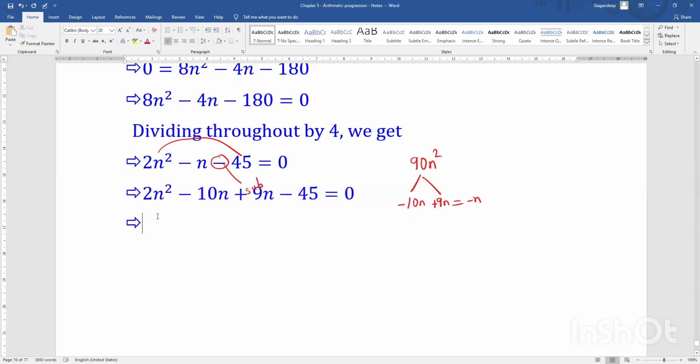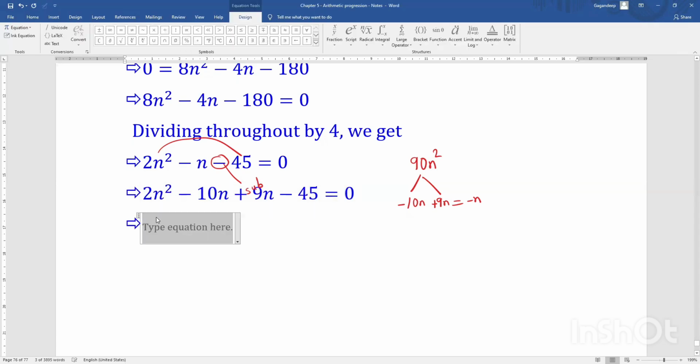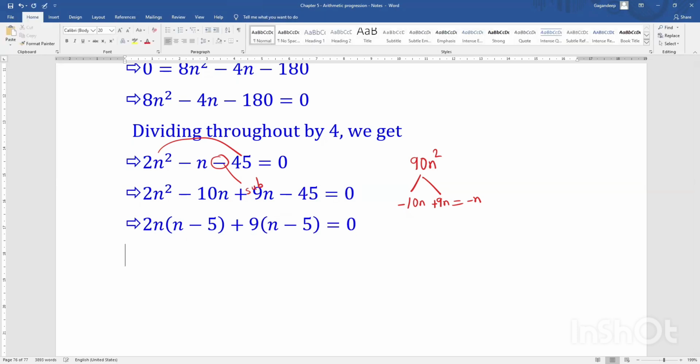In the first two terms, we have 2n as a common factor. So let me write 2n into n minus 5. Plus, again, I'm going to take out 9 as a factor, 9 into n minus 5, equals 0.